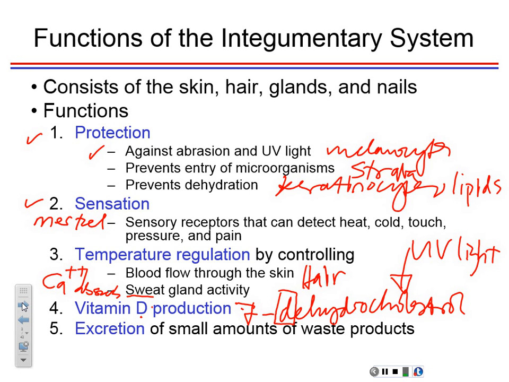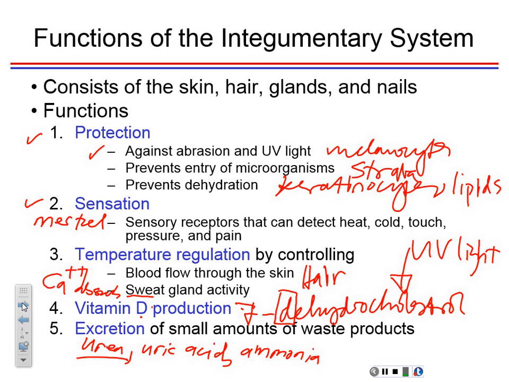And of course, excretion is a very minor function of the integumentary system. Sweat glands sometimes release just minor quantities of urea, uric acid, ammonia, very small quantities. Ammonia in large quantities in solution is poisonous. That's why we avoid urea in urine.